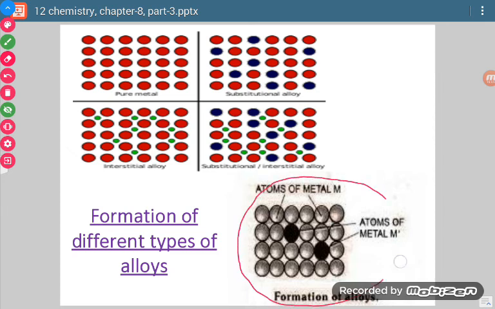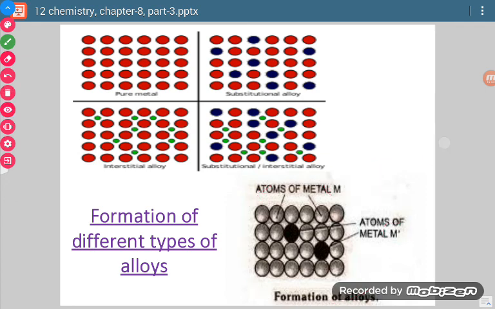In general, we can say that some other metal has replaced the atoms in the crystal lattice of the first metal. Now see, suppose we are mixing M and M dash. So what will happen? M dash atoms will replace M atoms from their crystal lattice, and then there will be formation of a symmetrical homogeneous mixture, and that will be termed an alloy.